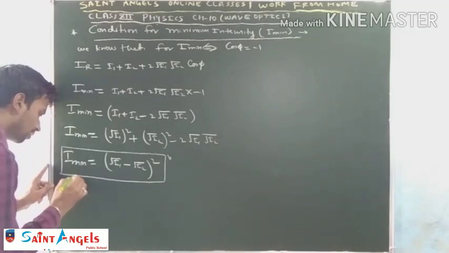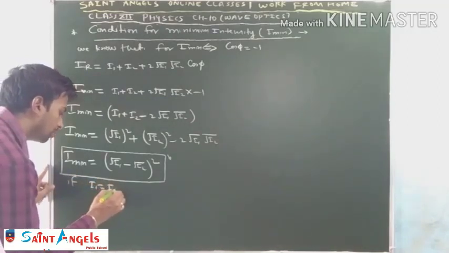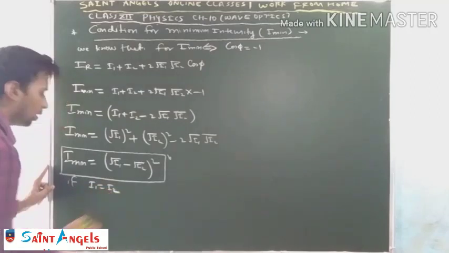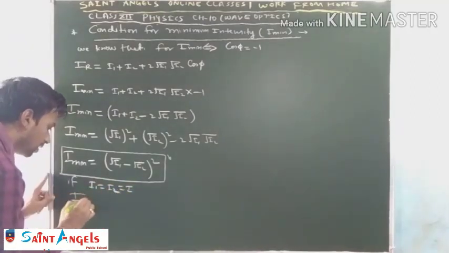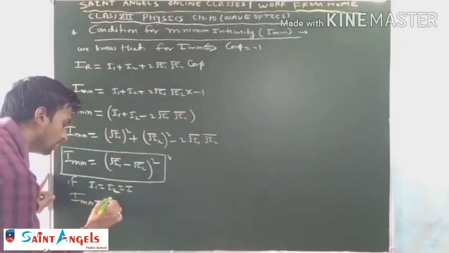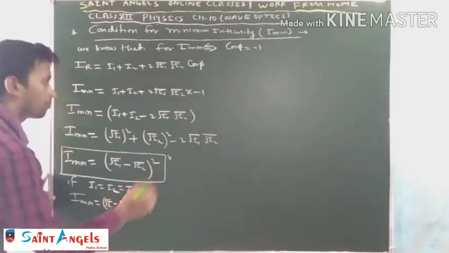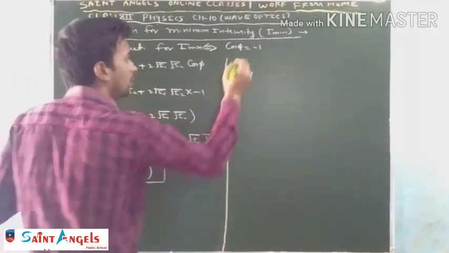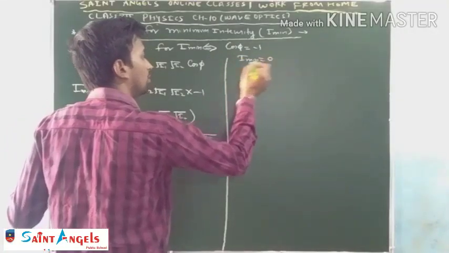If I1 equals I2 equals I, then minimum intensity is equal to root I minus root I whole square. It means minimum intensity is equal to 0.